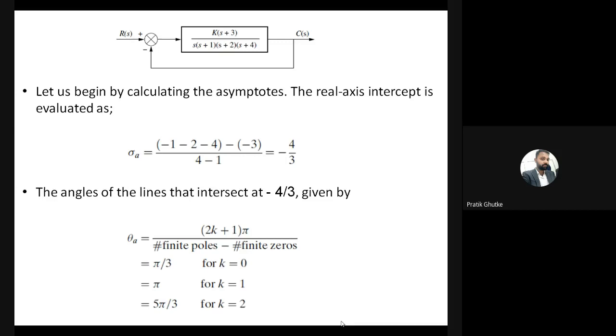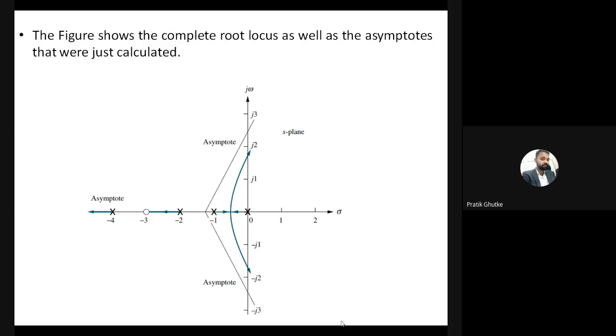They will be 60, 180, and 300 degrees, where pi by 3 means 60 degrees. This angle of asymptote will be measured from the centroid, which is minus 1.33. The first angle of asymptote is as shown in the figure, the second angle of asymptote is at 180 degrees, and the third is at 300 degrees.